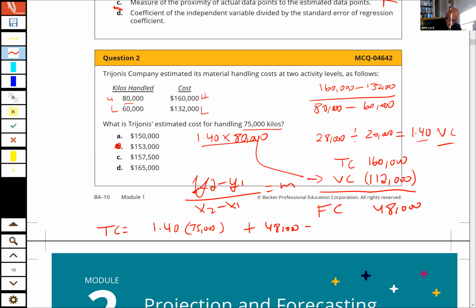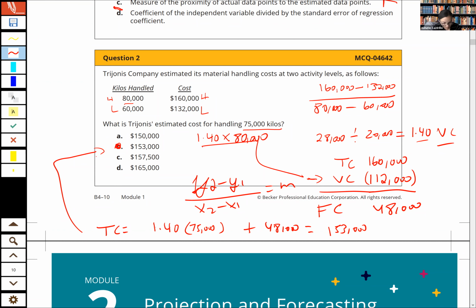Which I did, and when I come to that, I get 153,000, the answer, I hope. Correct. Okay, so not a really difficult problem, but you probably want to practice with that more than once before you go into the exam.